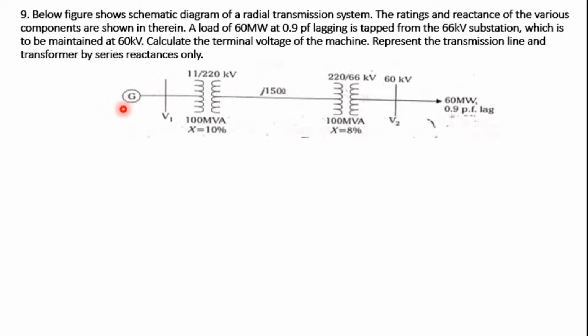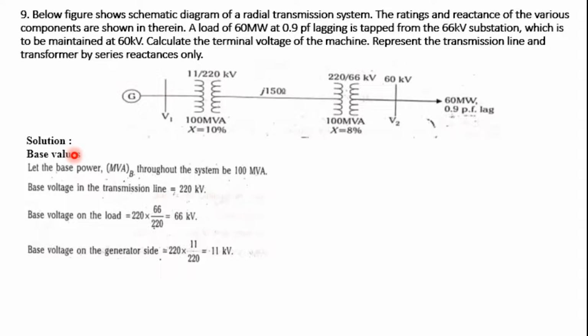Before proceeding, we should understand which base values we have to consider. Earlier you were given the base voltage and the base power referring to the diagram. Here it is not mentioned, so it is quite different. We have to consider the base voltage either across the generator or across the transmission line or the load.